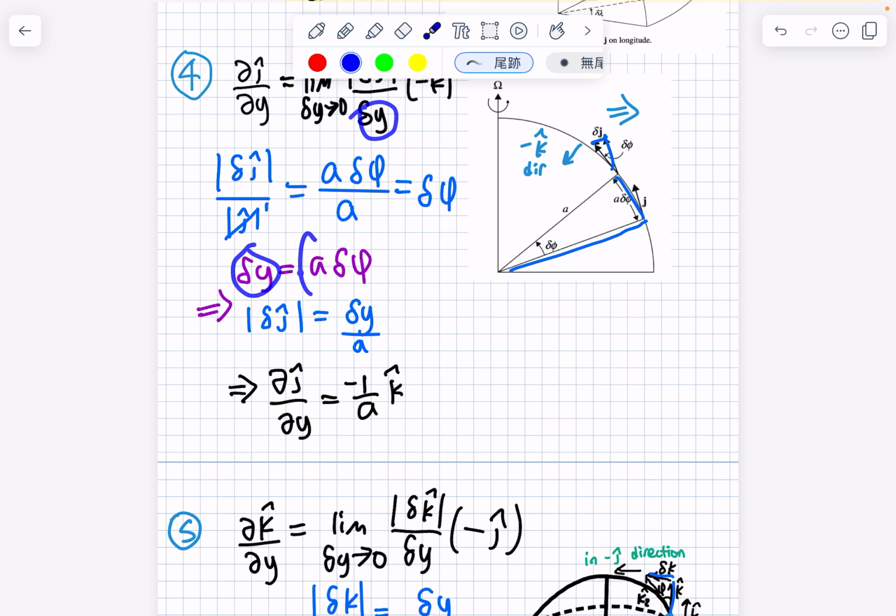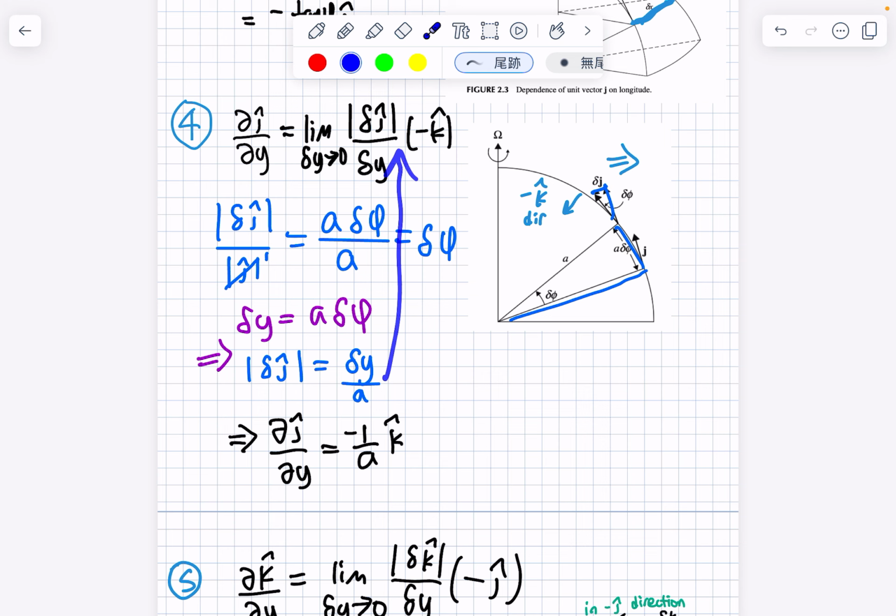Delta y is equal to a delta phi, by the angle arc length formula. So we get the magnitude of delta j is equal to delta y over a. And that goes into here, and we're left with negative 1 over a k hat.